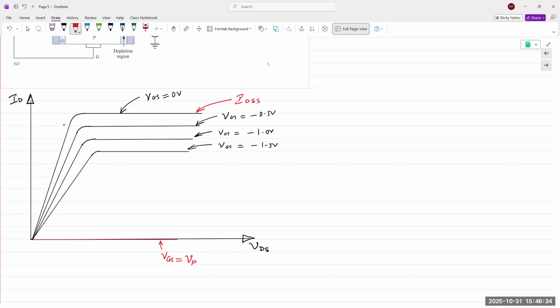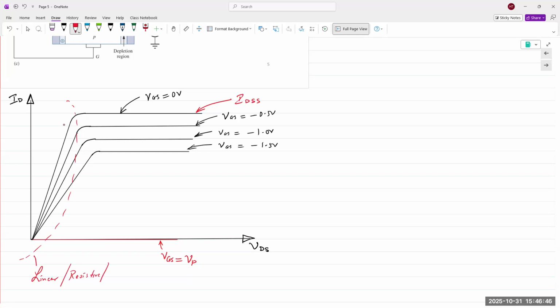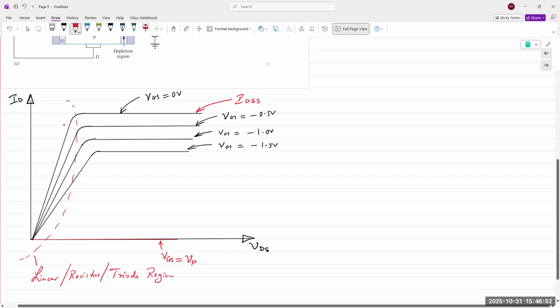And this region right here is the linear resistive, or also known as the triode region. Okay, triode region.